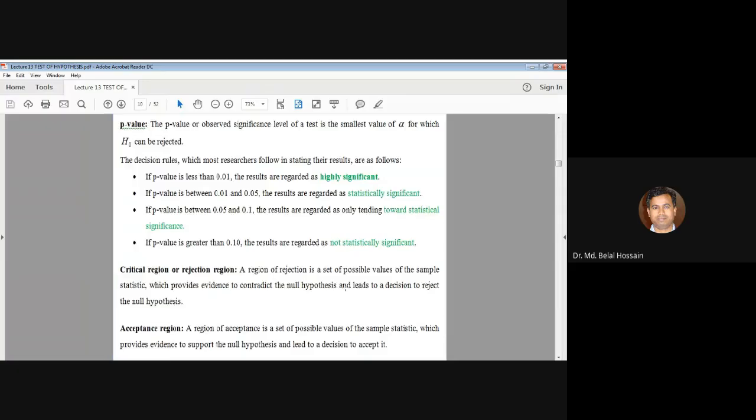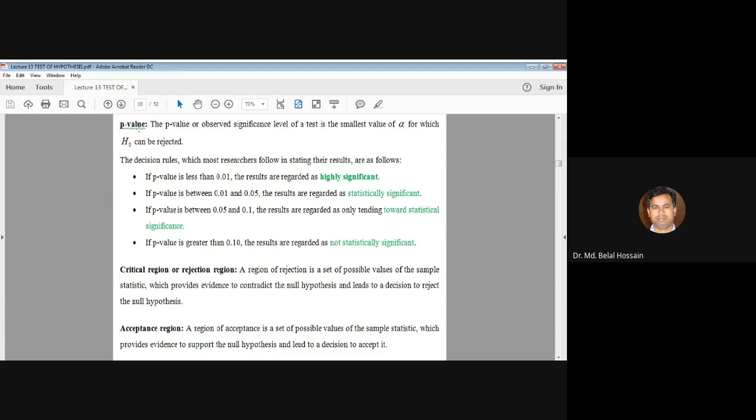So another important item is the p-value. P-value, or observed significance level of a test, is the smallest value of alpha for which the null hypothesis can be rejected. Okay, so you should remember that the alpha value is the p-value when null hypothesis is rejected. Okay, so for a two-tailed test, if you consider alpha equals 0.05, any value smaller than 0.025 is the p-value.